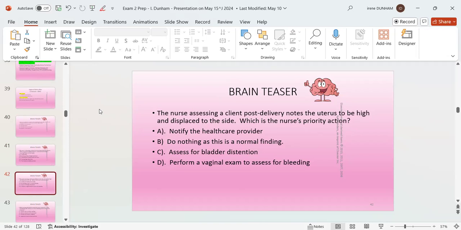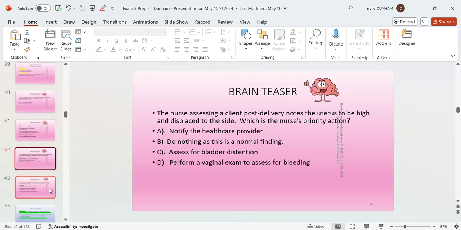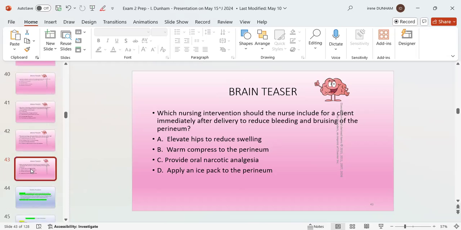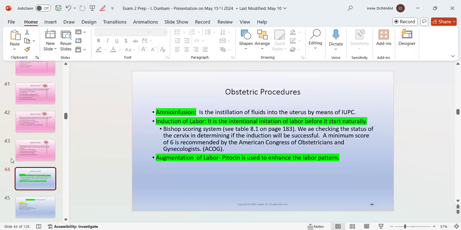You got it. Okay, good. All right, how about the next one? Which nursing intervention should the nurse include for a client immediately after delivery to reduce bleeding and bruising of the perineum? Ice pack. D, good. Okay, moving right along.